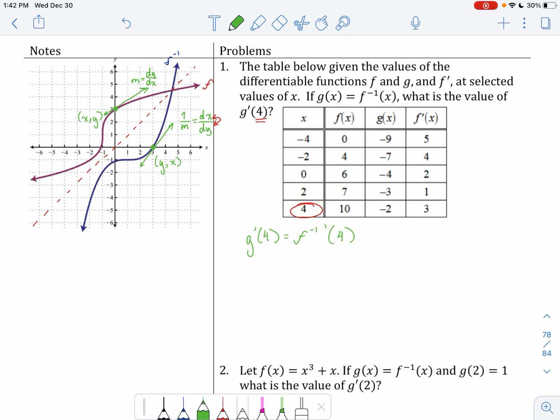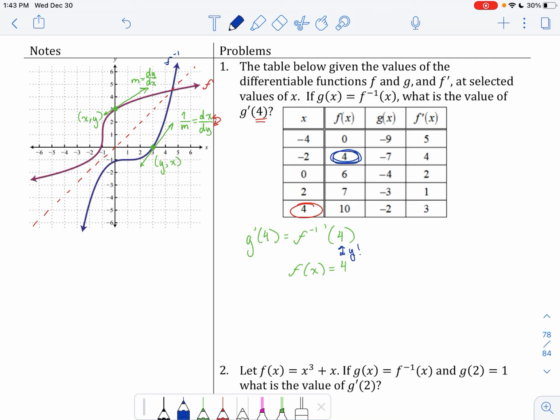Now, here's the important part: f inverse of 4 is the same as asking where f of x is equal to 4. This is the x value. These here are the y values. And so we're not actually looking at x equals 4, we're looking at f of x equals 4. So we actually want to be looking at this row here.